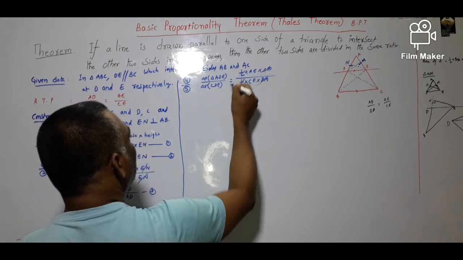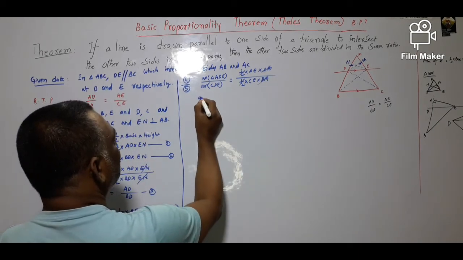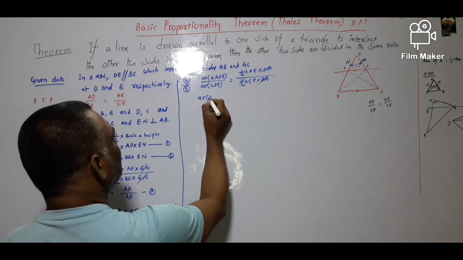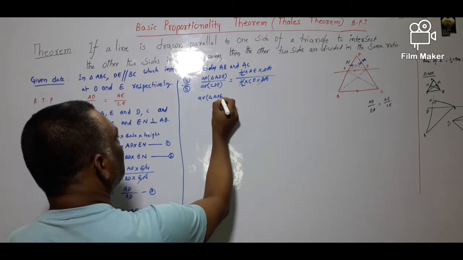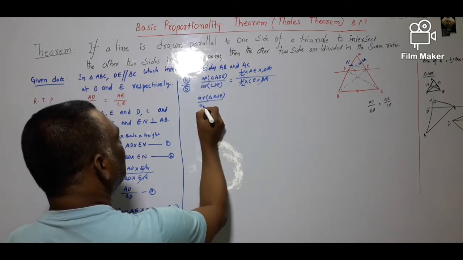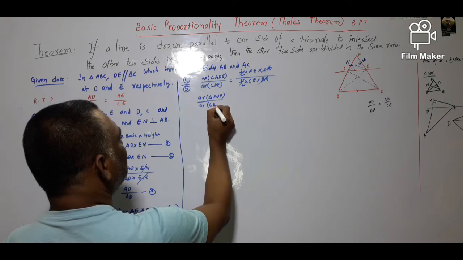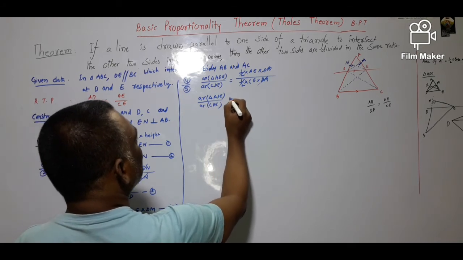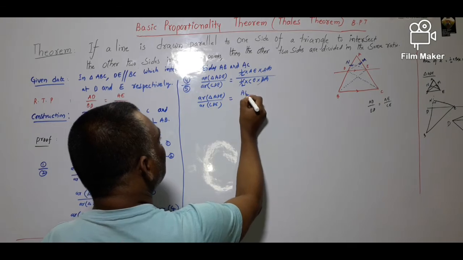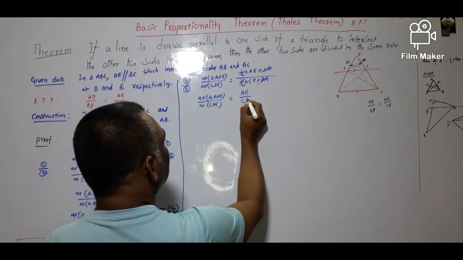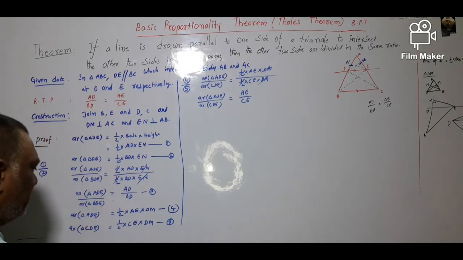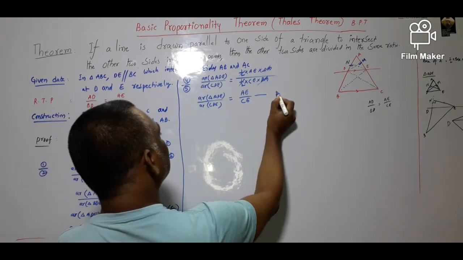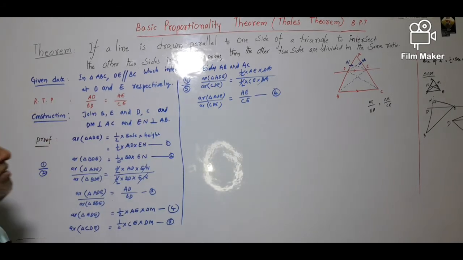DM cancels, half cancels. We get area of triangle ADE divided by area of triangle CDE is equal to AE by CE. This is equation number 6. Okay, clear.